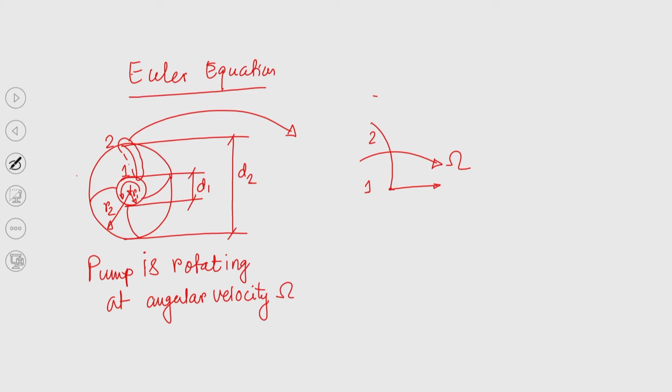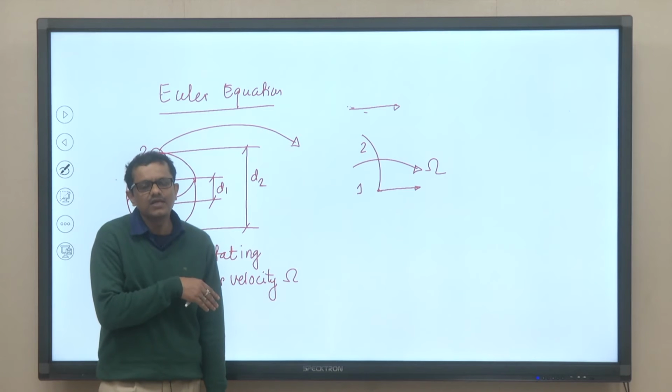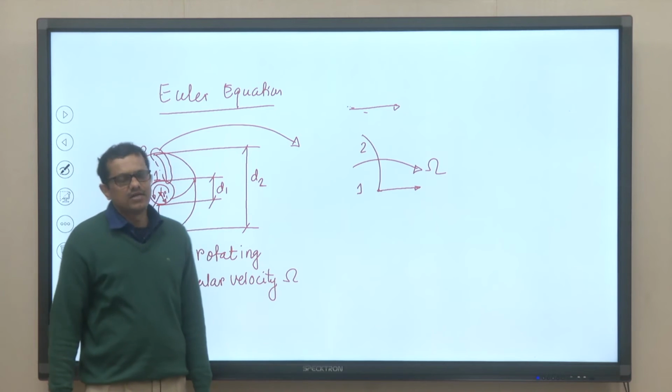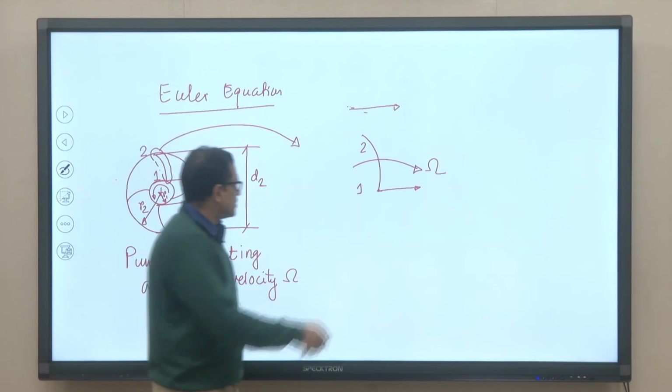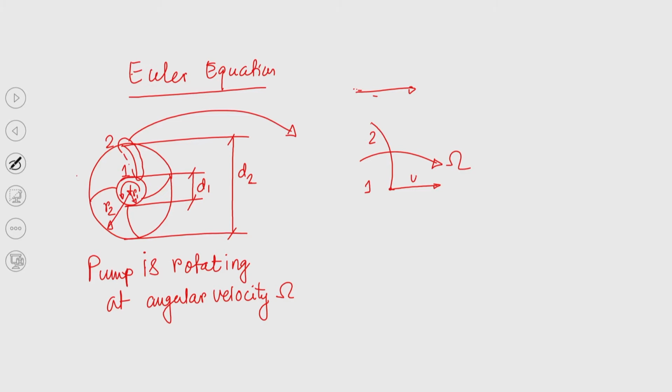So, this is the tangential component of velocity, right. You can understand that the tangential component of velocity at the inlet and outlet is not the same. This is quite obvious, omega is same, but it will depend on R1 and R2. Since R1 is smaller than R2, the tangential component of velocity at the inlet will be lesser than that at the outlet. So, this is u1 and this is u2.